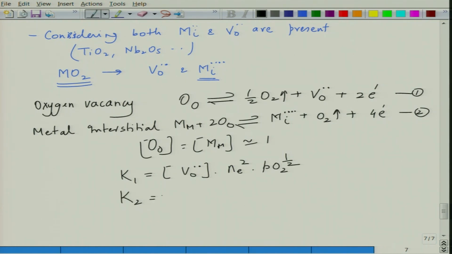K2 I can write as Mi into PO2 into Ne to the power 4. Now, what is the electrical neutrality condition?